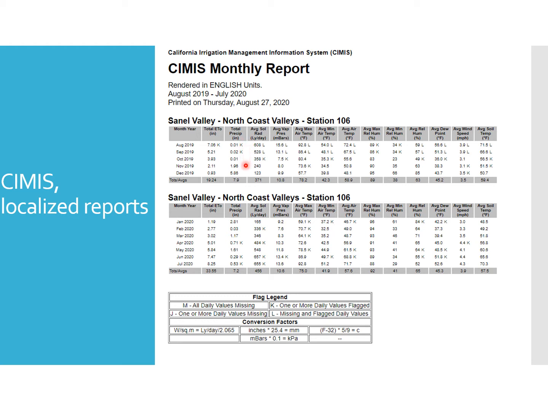Until November, it only rained about 2 inches, and then in December it went up a little bit more, and the total between August and December was 7.9 inches of rain. Then as you came into 2020, there was a little bit of rain in January, very little in February, some more in March, a little in April, some more in May, for a total of 7.2.